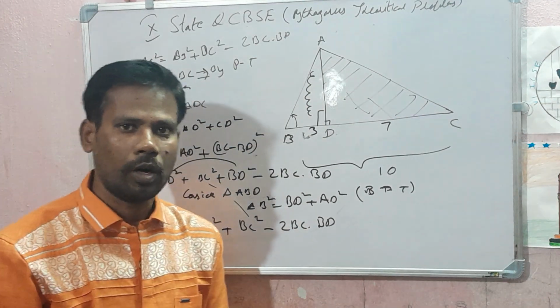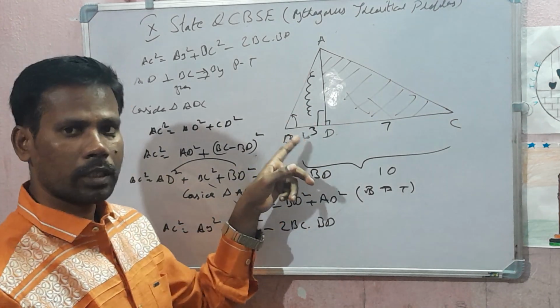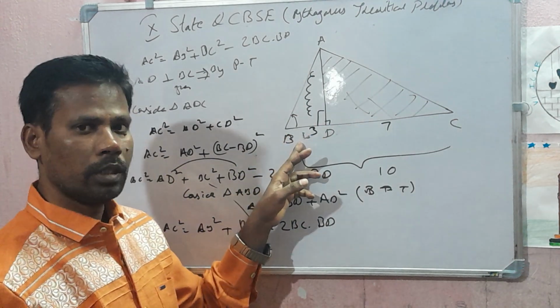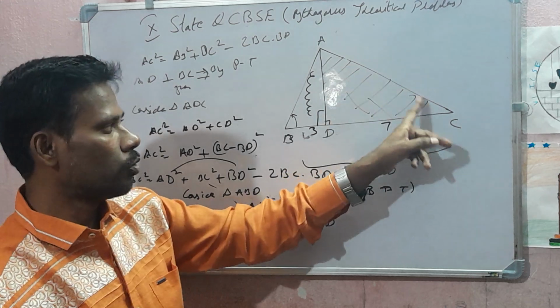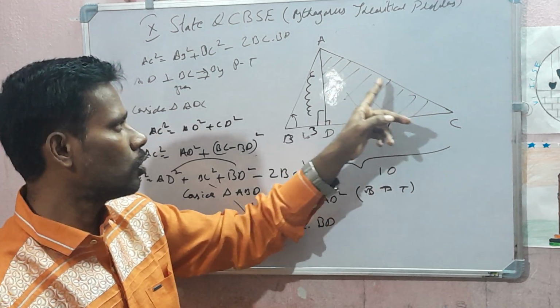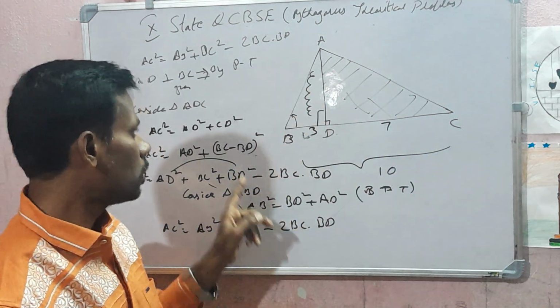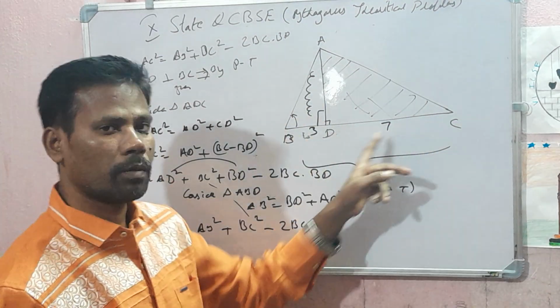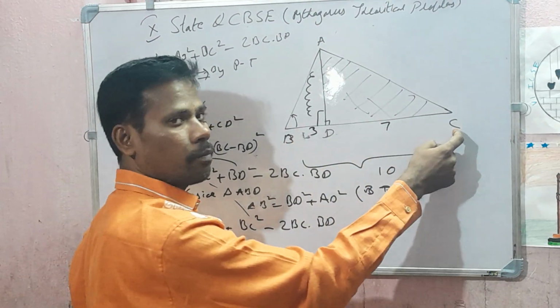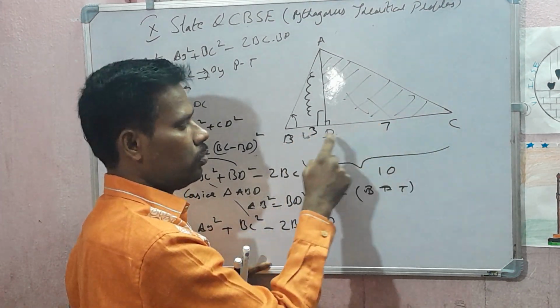How to remember this formula? That is the main problem here. Whenever they give that the triangle is acute, you should remember: AC square is equal to AB square plus BC square minus the product of the complete base BC into BD.